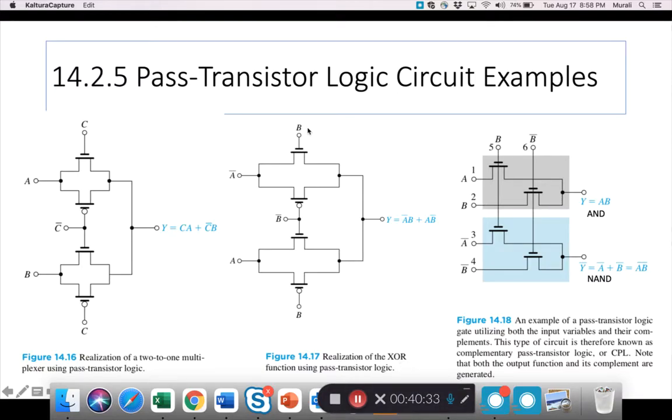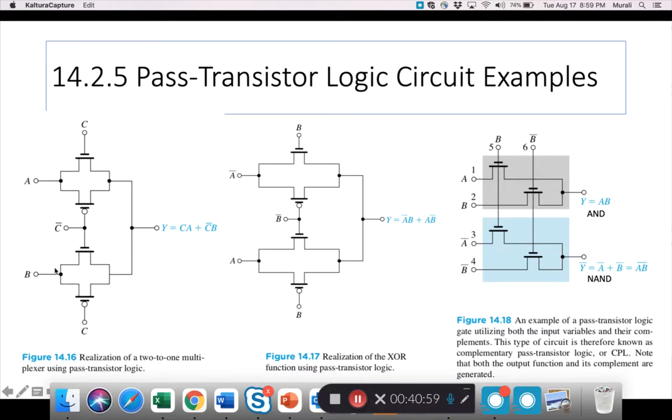So now that we have talked about pass transistor logic, PTL, can we implement some simple logic, not only just as switches, but also some of these logic relationships? And the answer is yeah. So here you can see we are doing a 2-to-1 multiplexer, right?